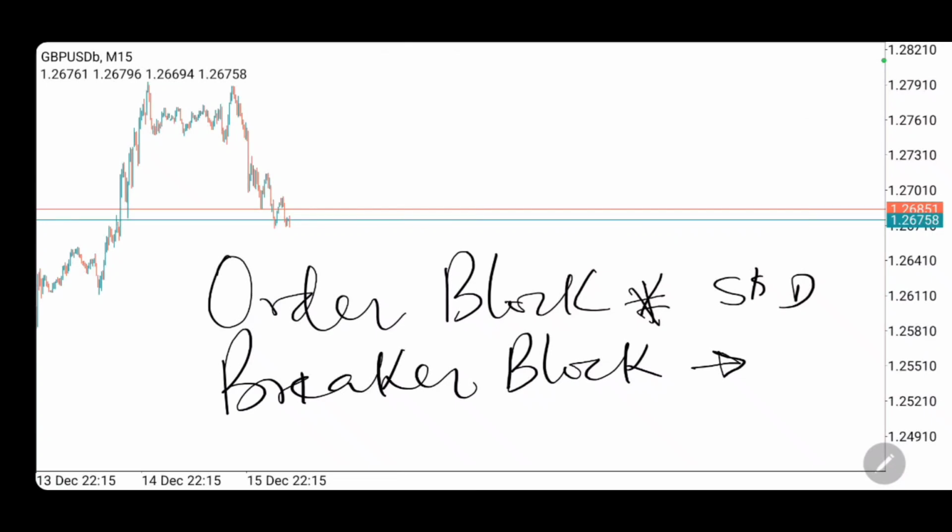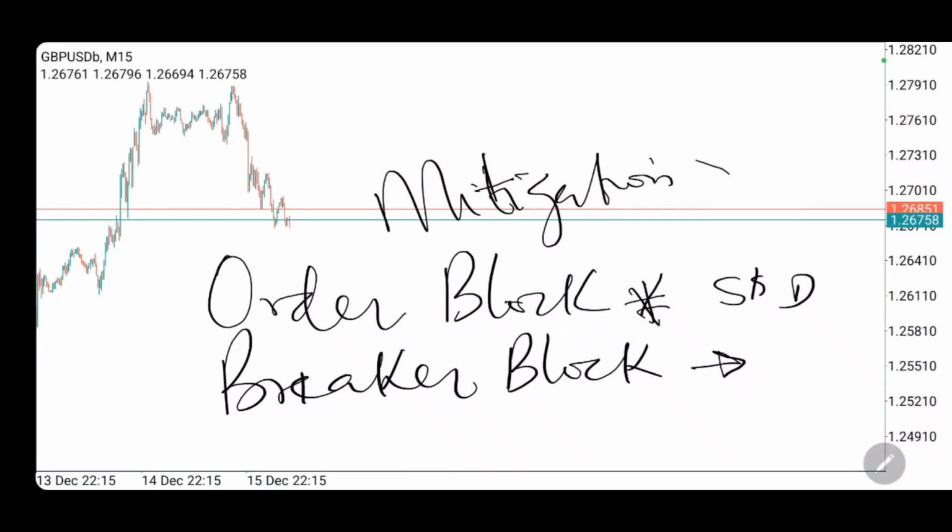So order blocks are basically demand and supply zones, while breaker blocks are failed demand and supply zones that price later came back to mitigate. You know the concept of mitigation. I've made a video about the concept of mitigation, and I will link it in the description of this video.